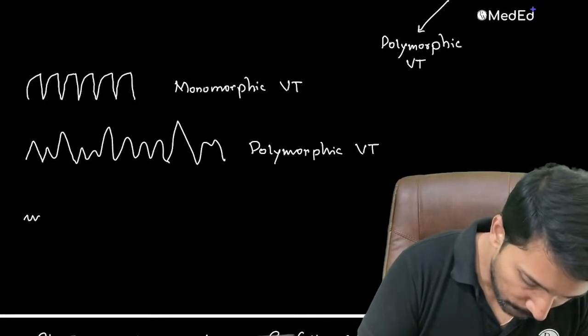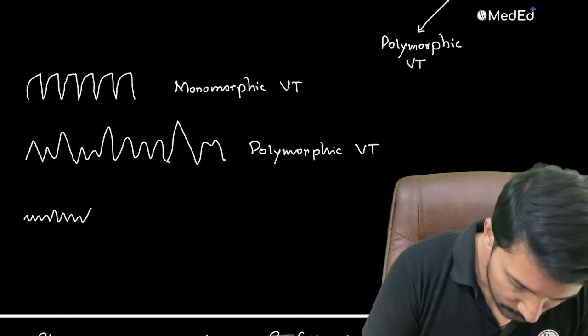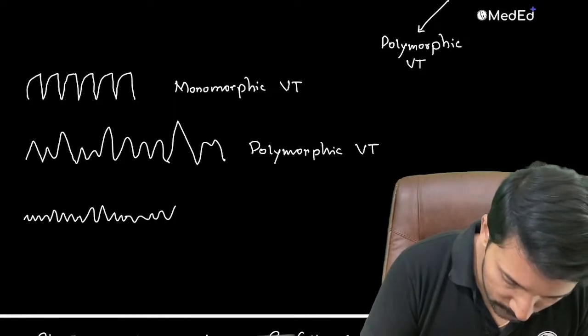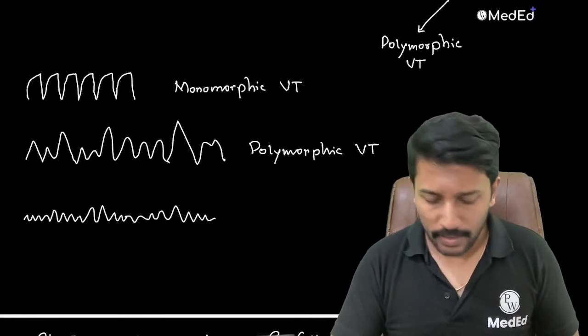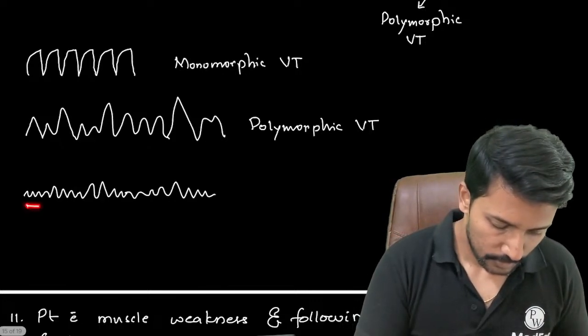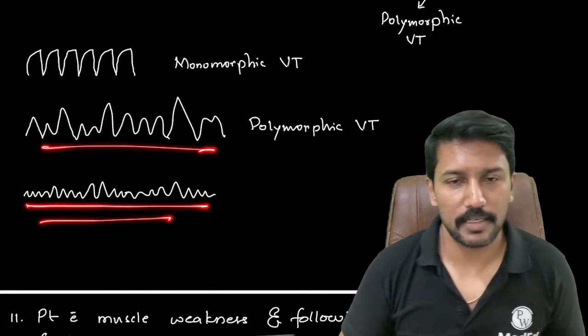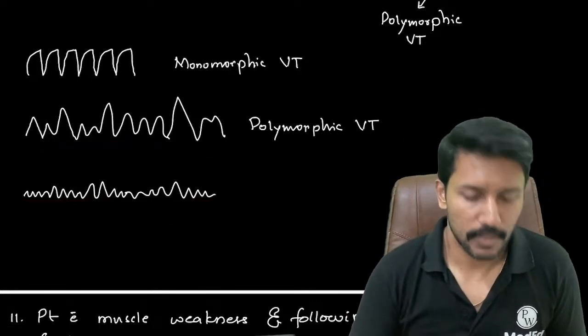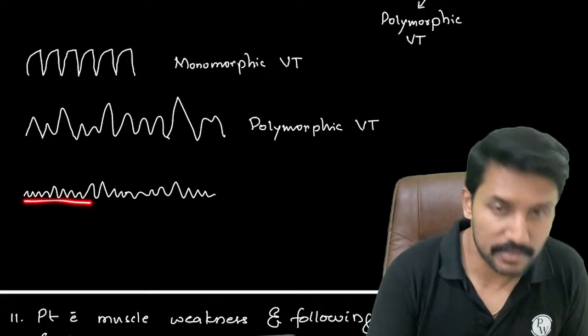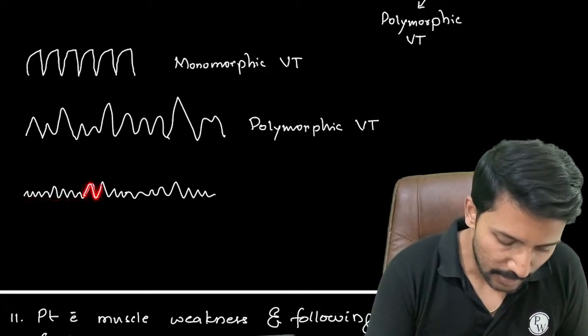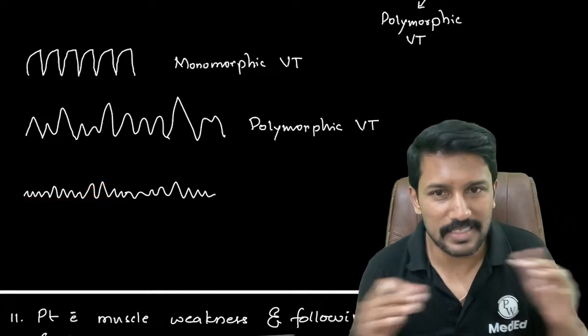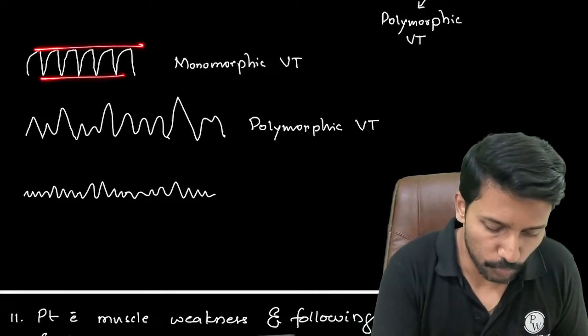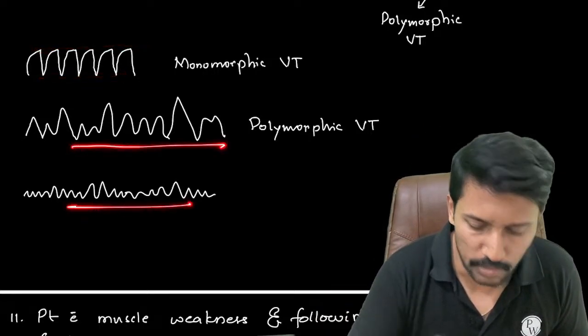Then the ventricular fibrillation will look somewhat like this. So when you look at the second and third tracings, what difference do you notice? Here also QRS complexes are wide and their amplitude is varying. It is not constant like in monomorphic VT. So this is kind of similar to polymorphic VT.